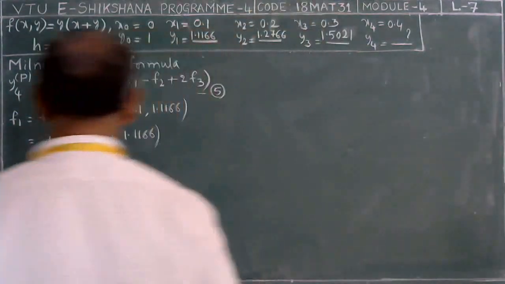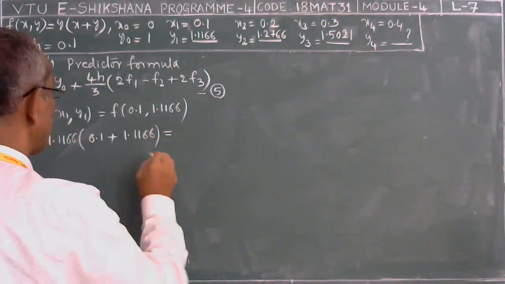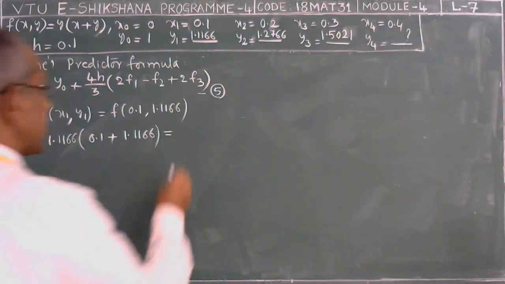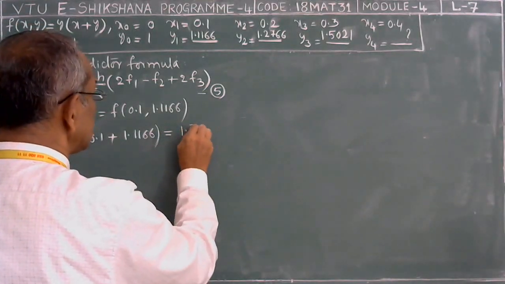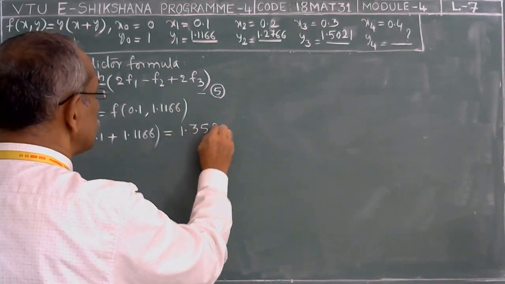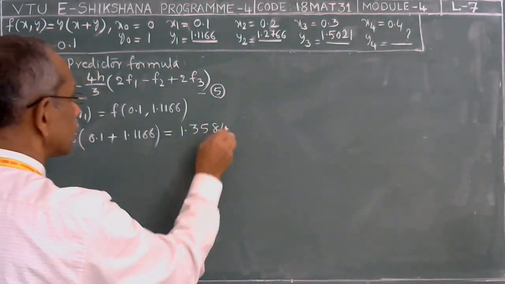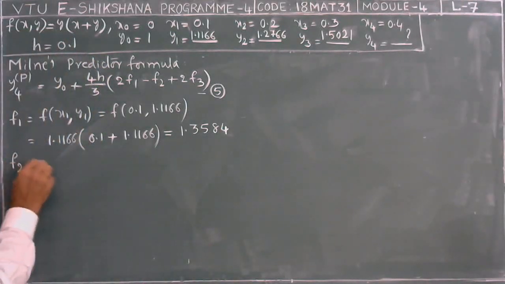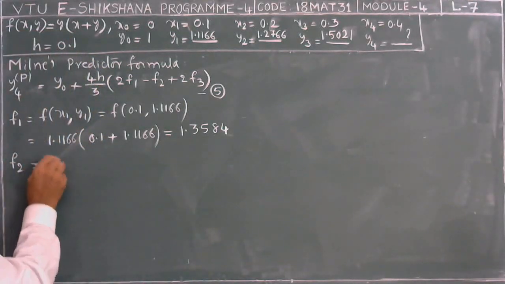If you carefully simplify, you get f1 equal to 1.3584.